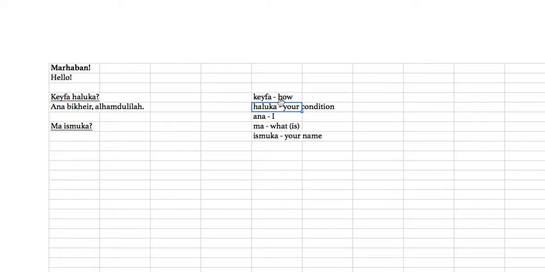So if you look at haluka and ismuka, what part of that do you think means your? I bring this up because this is an important point in terms of language learning strategy, being able to notice patterns and extract the pattern out of things, right?